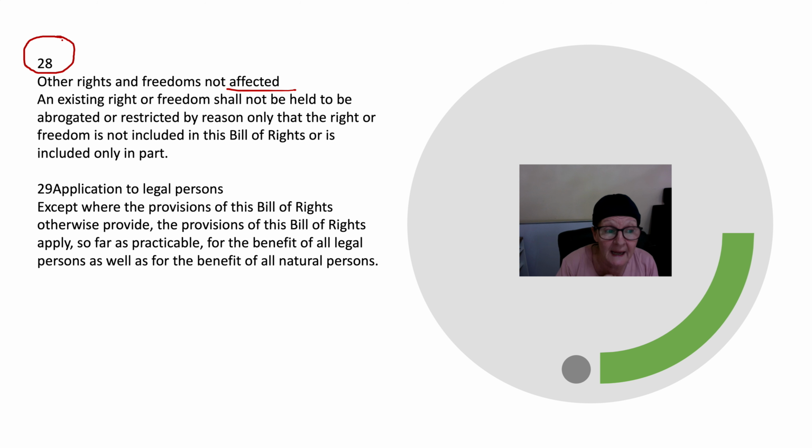So any laws that they make using the 1990 Bill of Rights or the Health Act or the Human Rights Act, if it is repugnant to our indubitable rights, we can go and use Section 28 and take this to the court together with our complaint of the indubitable right that they are affecting, and we can ask the judge for a declaration.